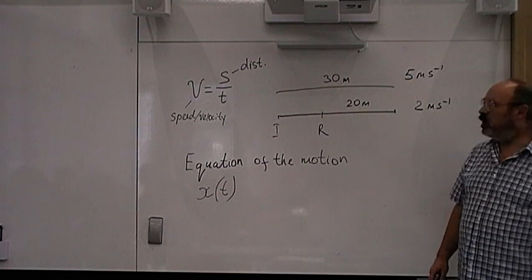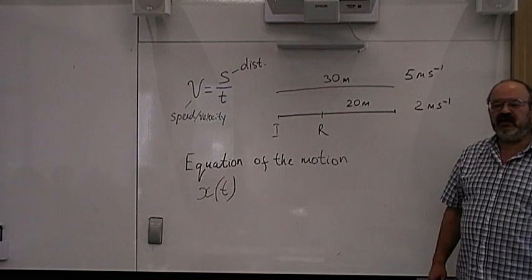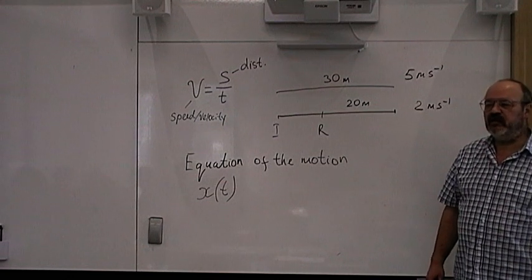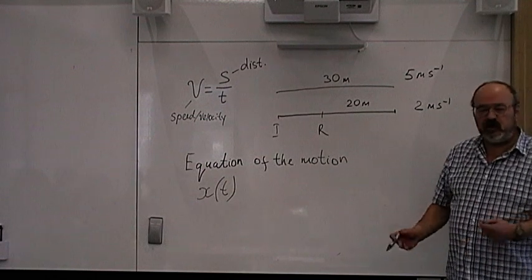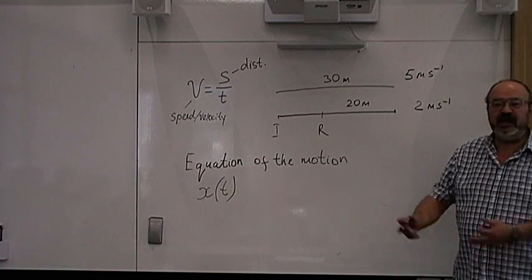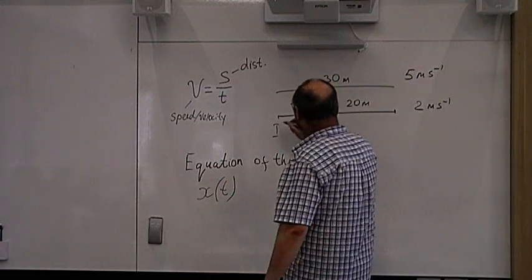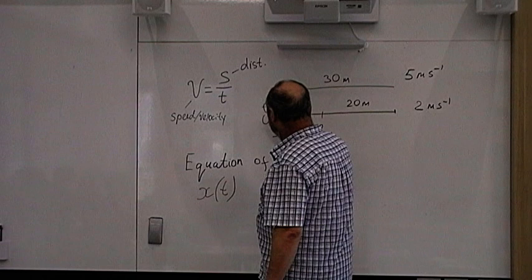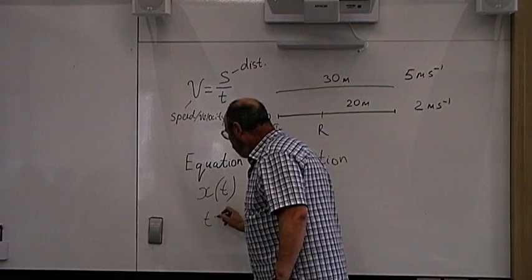And to apply this, first we need to decide, when we say position, where we'll take zero, otherwise we cannot measure. Position is measured from somewhere. So let's say here is zero.